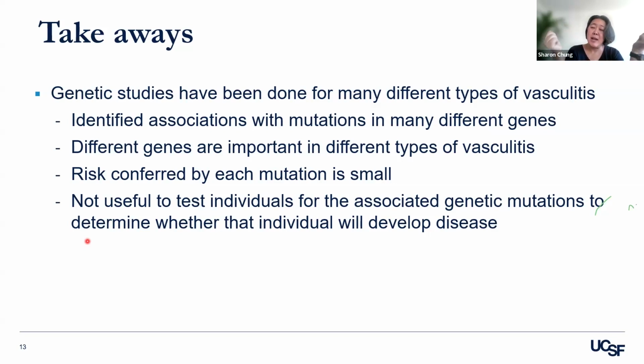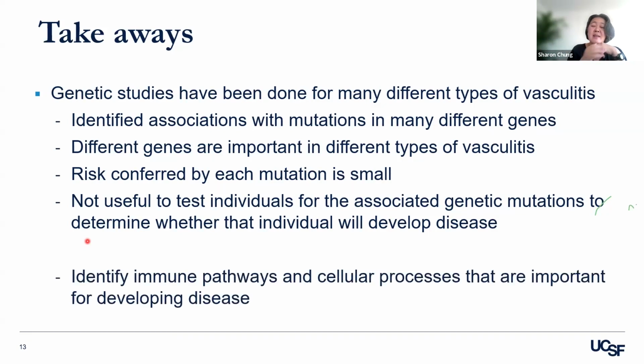So then you might say, okay, Sharon, we've spent all this effort doing all these genetic studies, and at the end of the day, we still don't have a genetic test that we can use to help diagnose patients with disease. Why should we be doing these genetic studies? And the answer is that these studies really give us insights into how diseases develop.